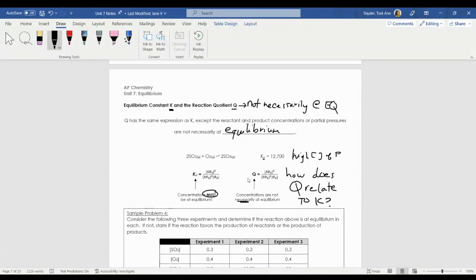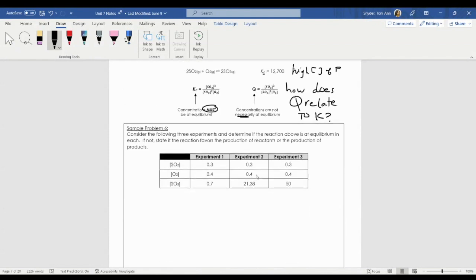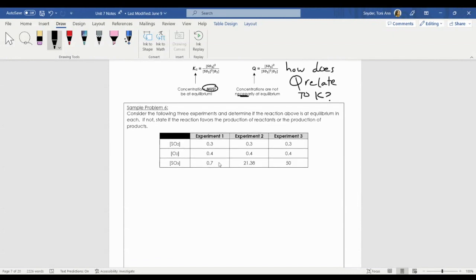But sometimes they're not. And we can tell whether we have gone past the equilibrium or have not yet reached the equilibrium by plugging in a set of concentrations, which is what we are going to do here. So, consider the following 3 experiments and determine if the reaction above is at equilibrium.